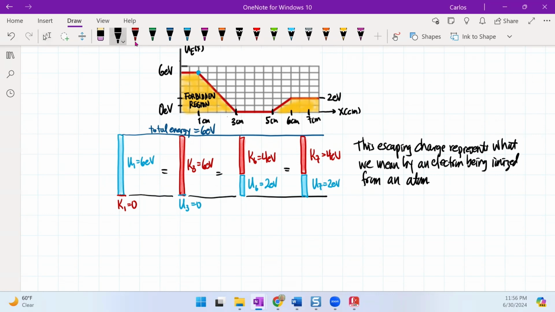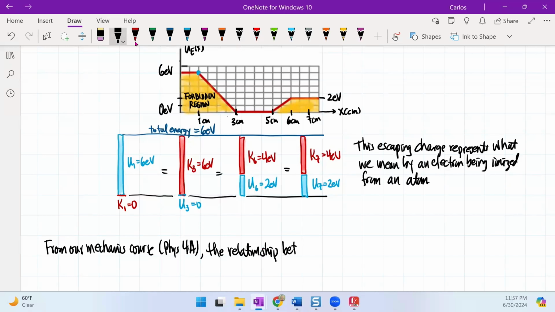So now, from our mechanics course, if you're here from Cabrillo, this is Physics 4A, the relationship between force and potential field is this.